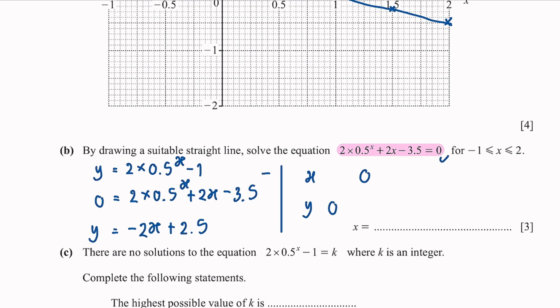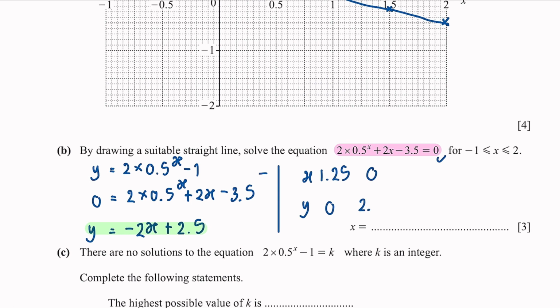If the value of y equals 0, the value of x is 1.25 according to this equation. And if the value of x is equal to 0, the value of y is 2.5, and then just plot these 2 points in the graph.